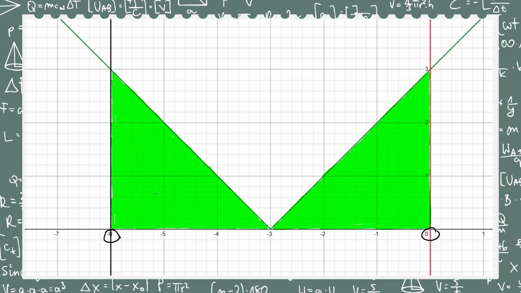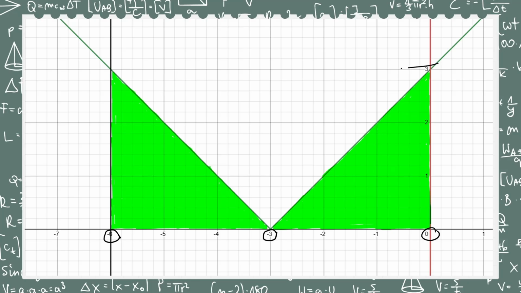So, since they are symmetric in shape, better find one triangle's area, and we will multiply that by 2. So, that is the concept we are going to try here. What our plan is, we will find the area between minus 3 and 0.